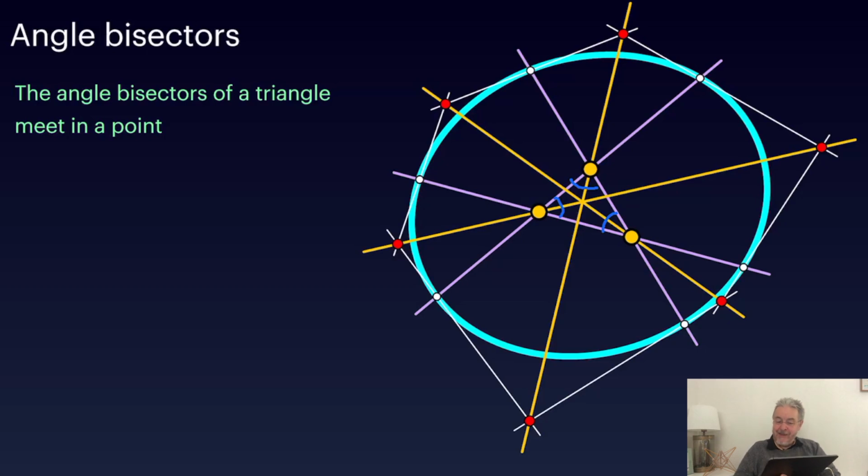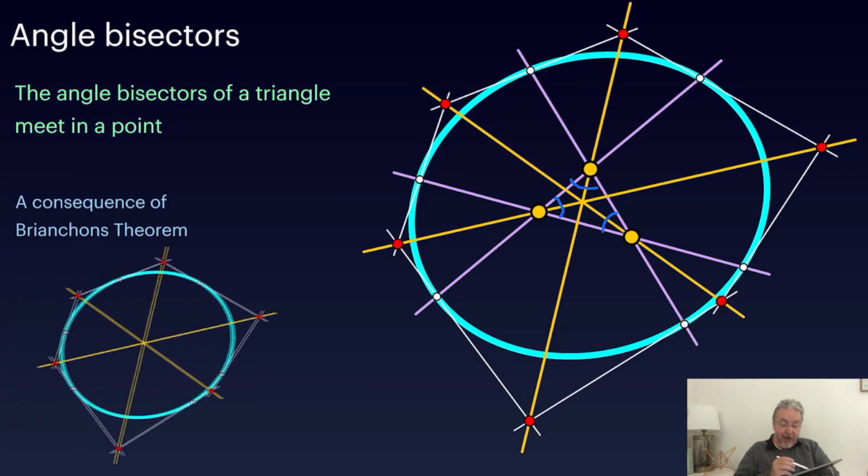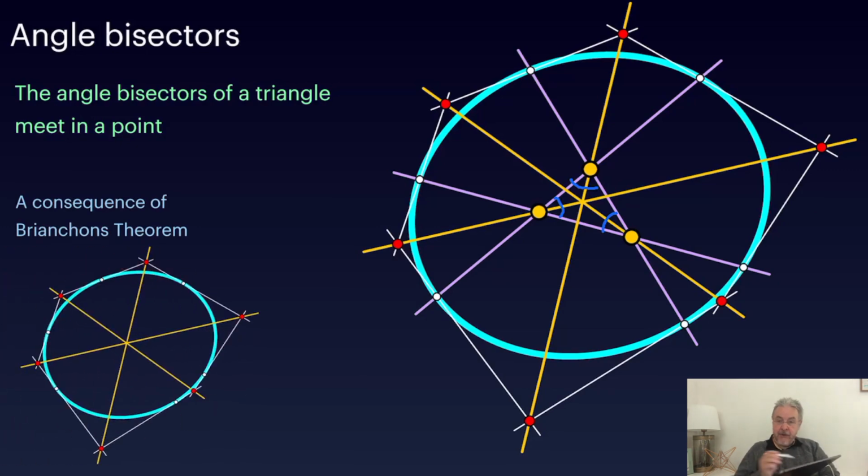But why is this true? The reason for this is really surprising. If you look at this picture and stare at it a little while, you notice, well, it's a theorem about these 3 yellow lines meeting in a point, and they only depend on those 6 points, which only depend on 6 tangents, and we had that before. This is exactly Brianchon's theorem.